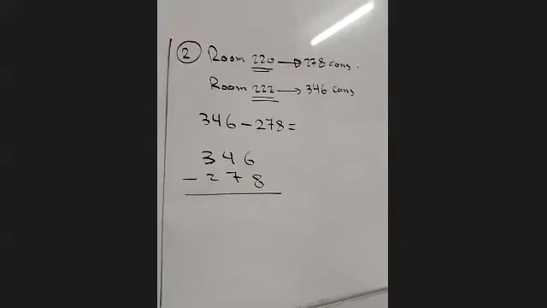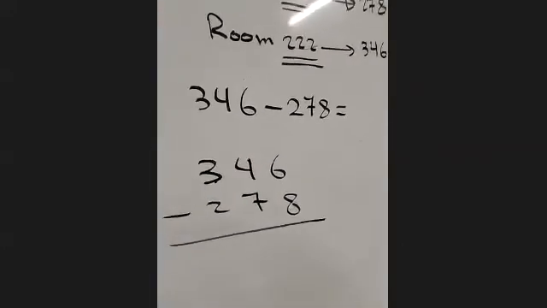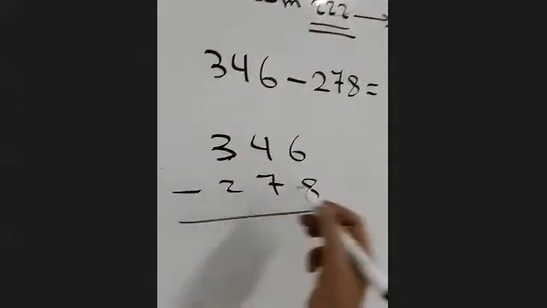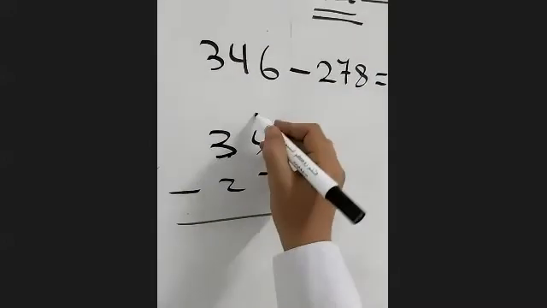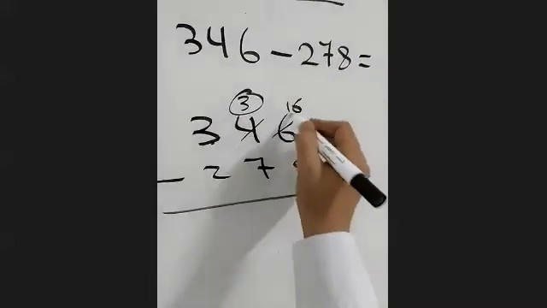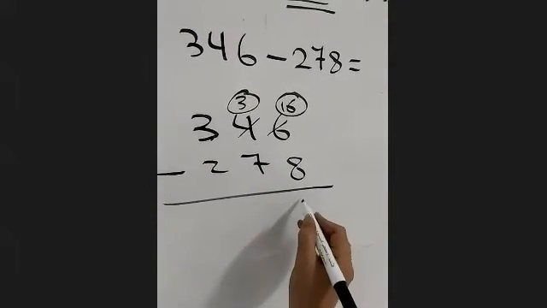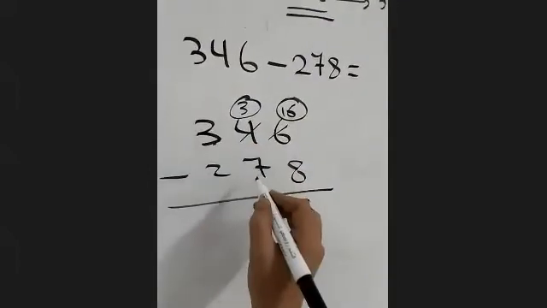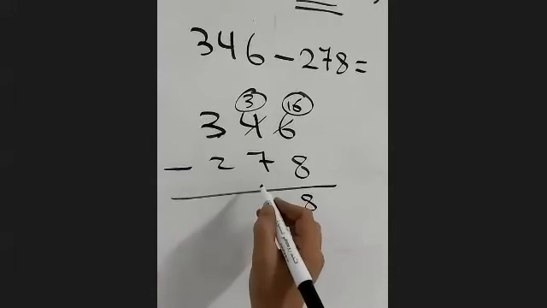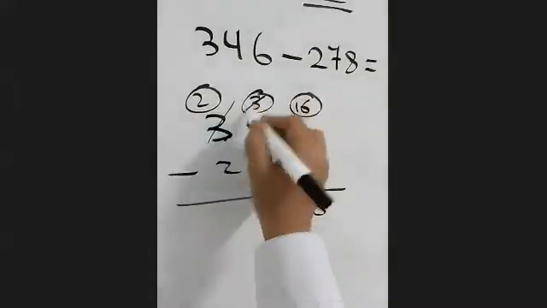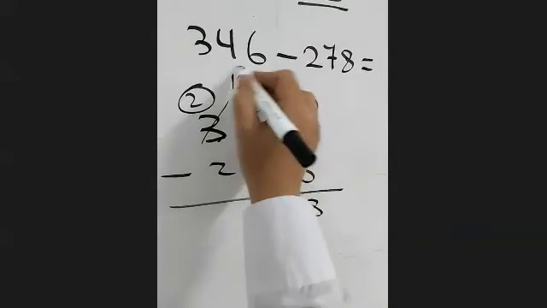6 minus 8, we cannot. The 4 will be 3 and the 6 will be 16. Now 16 minus 8 is 8. 3 minus 7, we cannot. The 3 will be 2 and the 3 beside it will be 13.